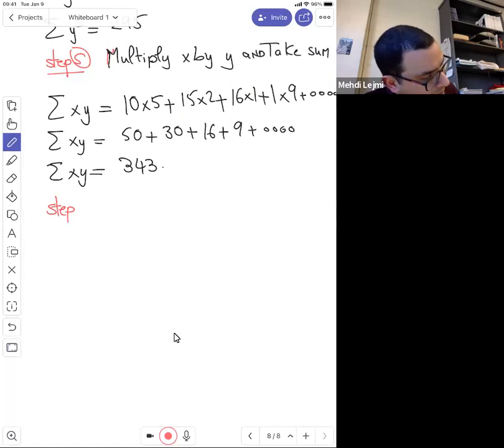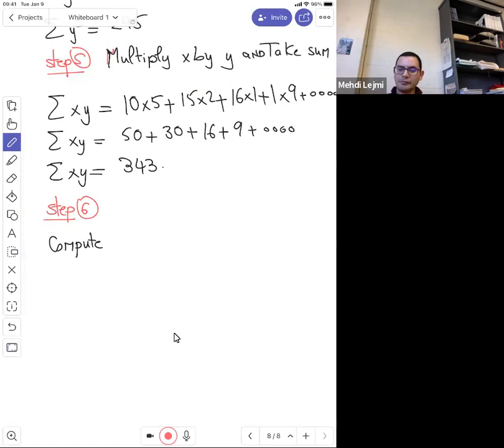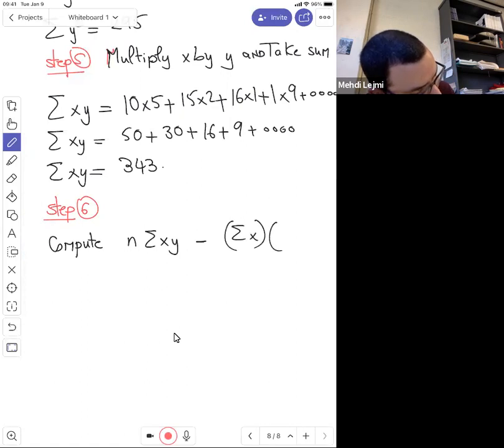So step 6. In this step 6, we need to compute n times, where n is the size of the sample. So we compute n times the sum of xy minus the sum of the x's times the sum of the y's.